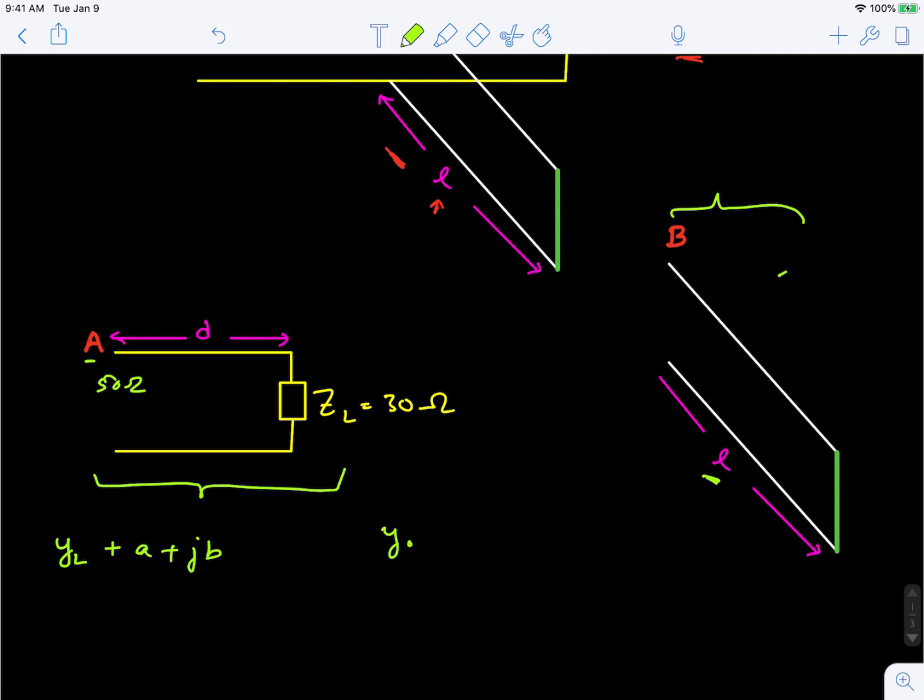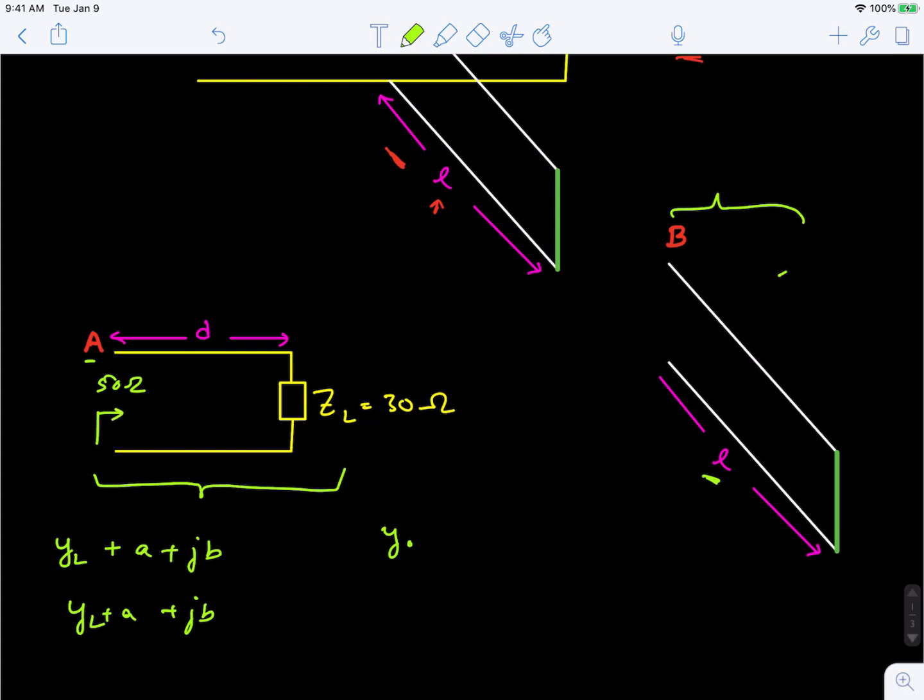Don't go into the finer details of the algebra, just try to understand the logic of the problem. So let's say we add an admittance to the load admittance, and by the time we reach point A, we have a transmission line whose admittance is complex, which is A plus JB. Now we know that YL plus A plus JB is the admittance when you look at it from here.